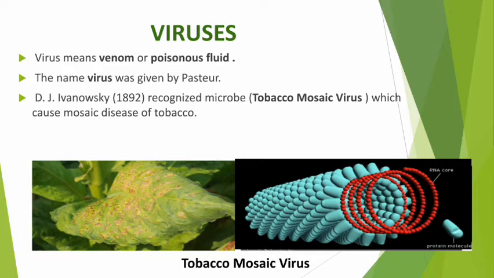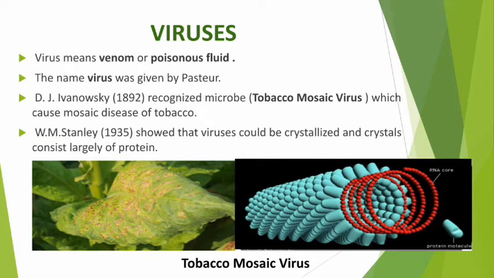These are protein molecules. So we can say that tobacco mosaic virus is made up of RNA and protein. This is the structure of tobacco mosaic virus, which was first recognized by Iwanowsky in 1892 and causes mosaic disease in tobacco.